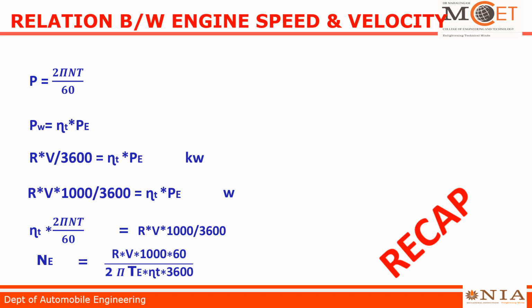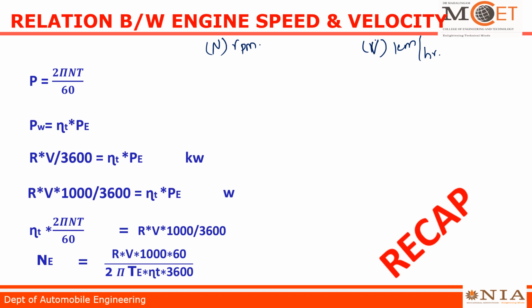In our previous lecture, we discussed the relationship between engine speed and vehicle velocity. Engine speed is denoted as N in units of RPM. Vehicle velocity is denoted as V in units of kilometer per hour. The general formula for power is 2πNT by 60. The engine power available is PE equal to 2πN_E T_E, where T_E is the engine torque, divided by 60.